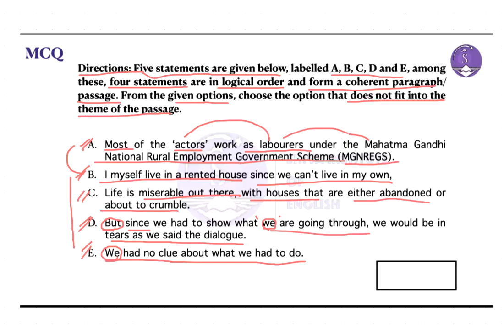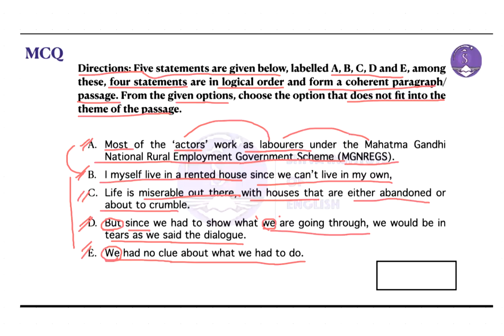So in that case, option D could be the beginning. But here, looking at the other options, we consider option D would not be the introducing sentence. We can say I, life, we can be a beginning sentence, or most of the actors. So if you look into that, who does we refer to? Can it be called actors? Probably or possibly.